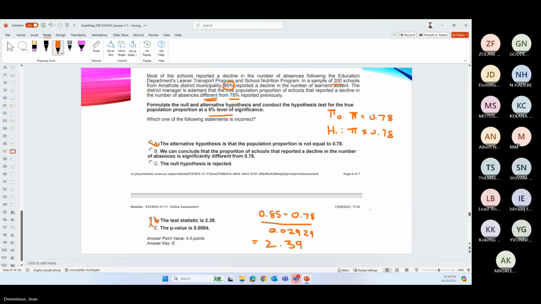Then if we go to get the p-value, 2,39, let's see what that small area is.